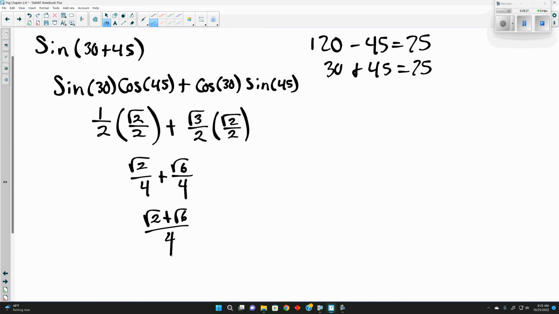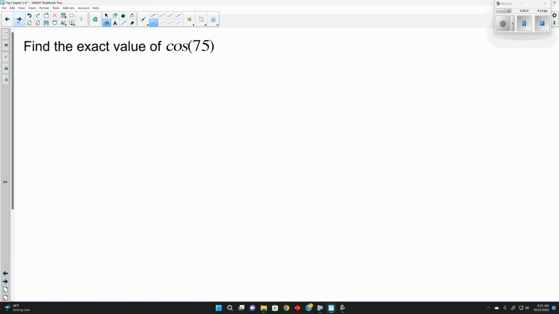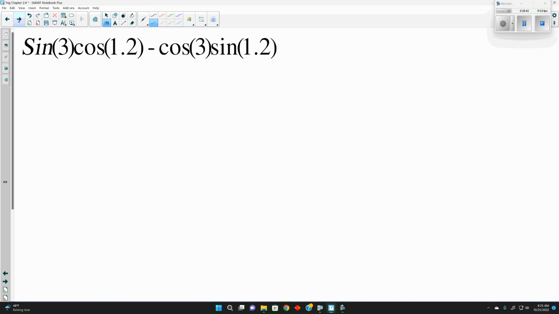Questions on these here? I feel like we feel comfortable with this here, yes? So this here, we want to rewrite as a single term and then evaluate if possible. Most likely we're just rewriting as a single term. We're wanting to simplify and condense this. So sine, cosine, cosine, sine with subtraction in the middle.